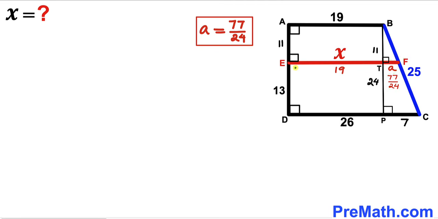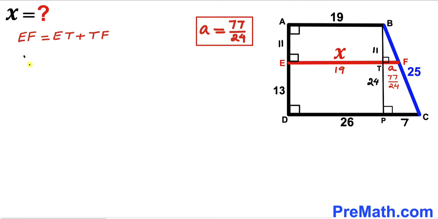And here's our final step. We know that this whole segment EF is going to be equal to the sum of these two individual segments ET and TF, as you can see in this given equation. We know our EF is X, our ET length is 19, and our TF length is 77 divided by 24.